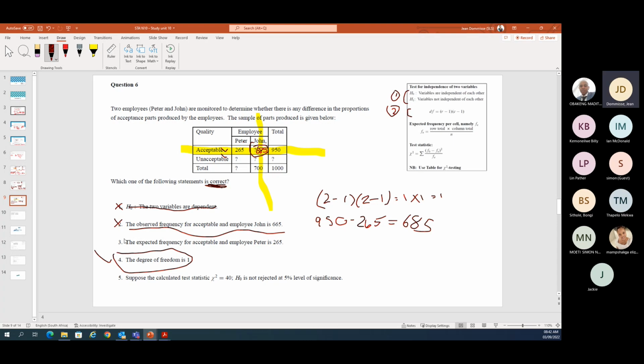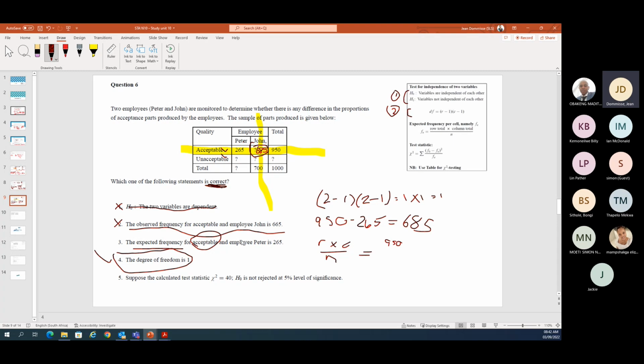Okay, then now we need to work out expected frequency. Expected is row total times your column total divided by n. So let's see, they ask us for acceptable, so that is 950.